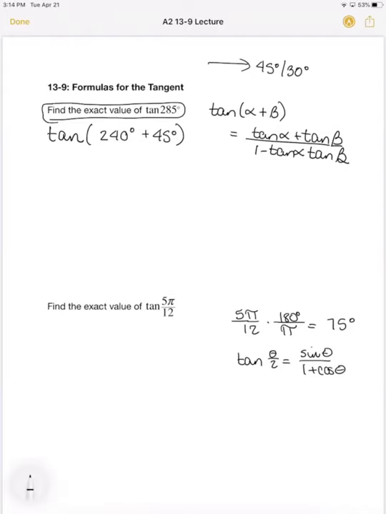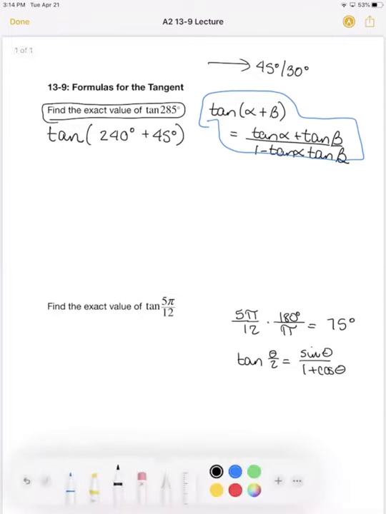So I'm going to rewrite 285 as the sum of 2 angles that I know I can find the values for. Over here on the right I wrote down our formula for the tangent of alpha plus beta. There is only one formula for that. So let's go ahead and use it and get our answer here.